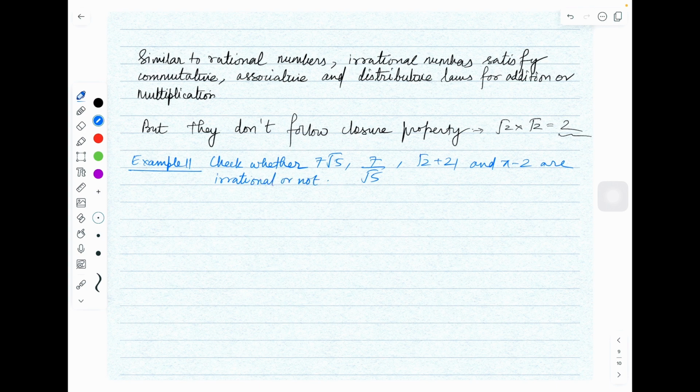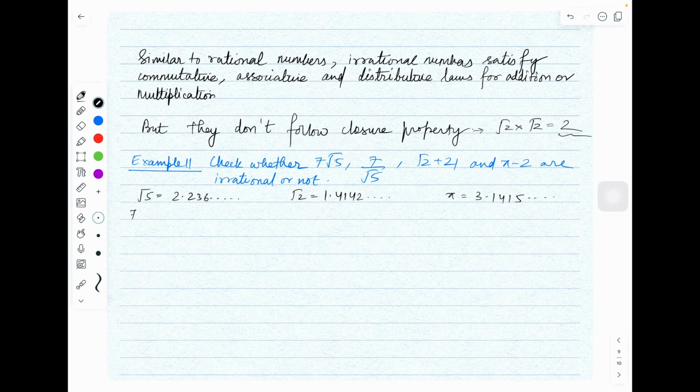So here in the question, 3 irrational numbers are given actually. I'm going to write the values of these first. Root 5 equals to 2.236 and it will continue. Root 2 equals to 1.4142 and it will go on continuing. Pi equals to 3.1415 and it will go on continuing.